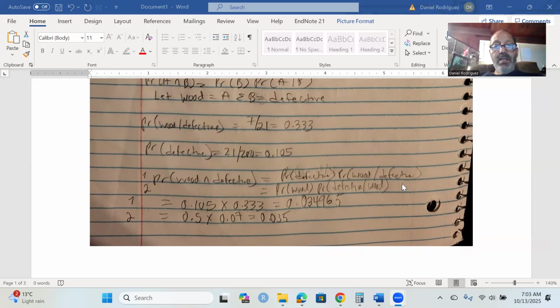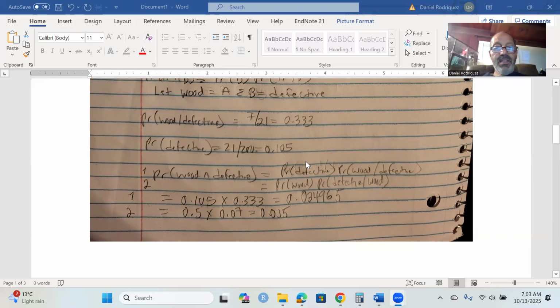Now, I also do it the other way, because you could say, well, which one should I choose to be in the denominator? It doesn't really matter in this case. It only matters if you're doing what's called Bayes' equation. Well, we're not covering that here. So it's either the probability of being defective times the probability of being wood given one is defective, or the probability of being wood times the probability of being defective given it's wood.